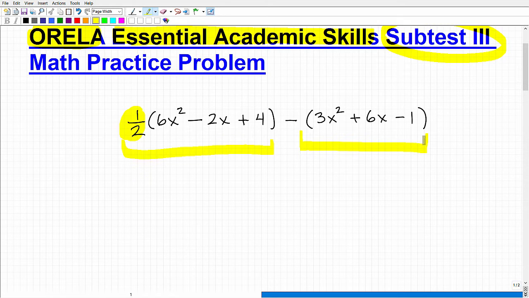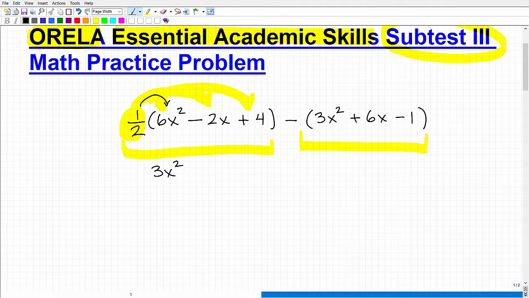What we want to do is use the distributive property to multiply whatever is on the outside of these parentheses by whatever is on the inside. So this 1/2, I'm going to distribute to each of the terms in this trinomial. 1/2 times 6x squared will be, hopefully, 3x squared.